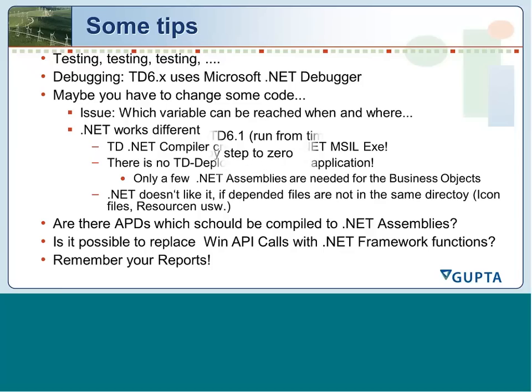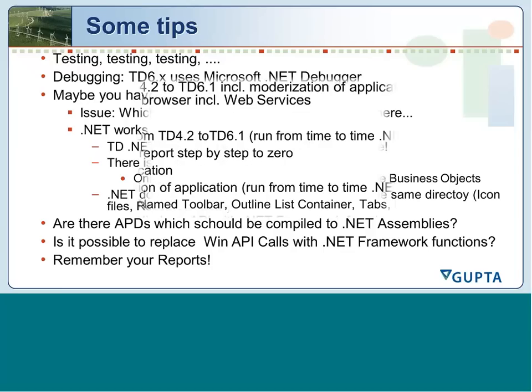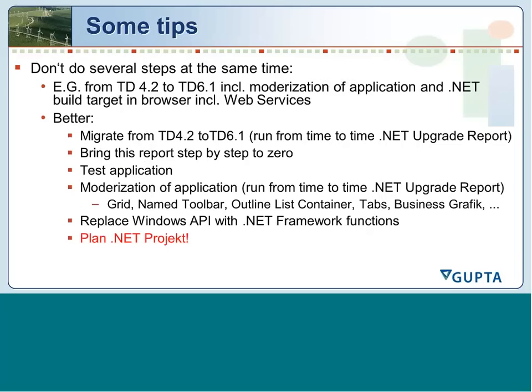Well, a very good point is don't do several steps at the same time. I saw some applications, very old source code, and they migrated the old source code from, let's say, Team Developer 2 or 1.5 and so on, or older versions of Team Developer, into the latest version of Team Developer, like Team Developer 6.1, including modernization of the applications, like replacing the tab, replacing tree controls and other things, and have a totally different user interface.